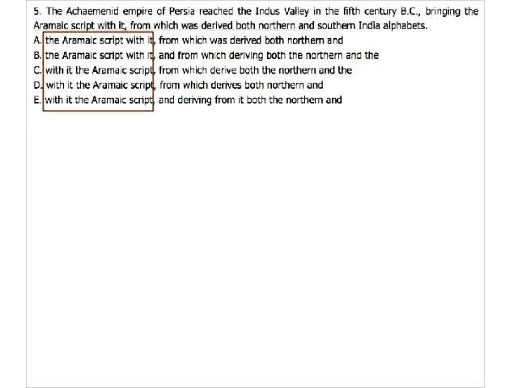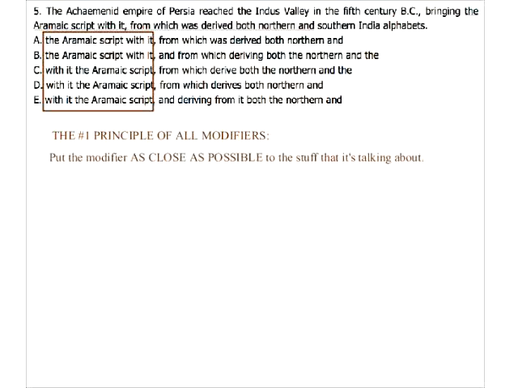One thing that I think a lot of people don't appreciate is that you can solve up to half of all modifier issues by just applying this single number one principle, which is: you should put the modifier as close as possible to the stuff that it's talking about.